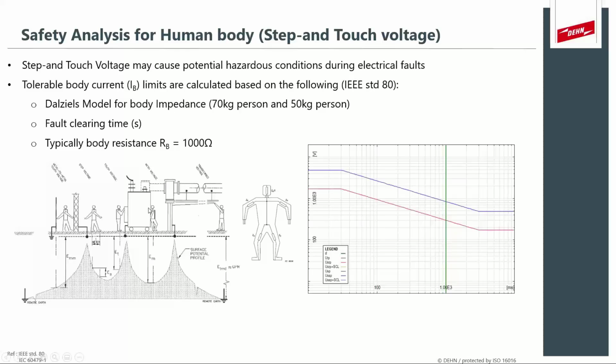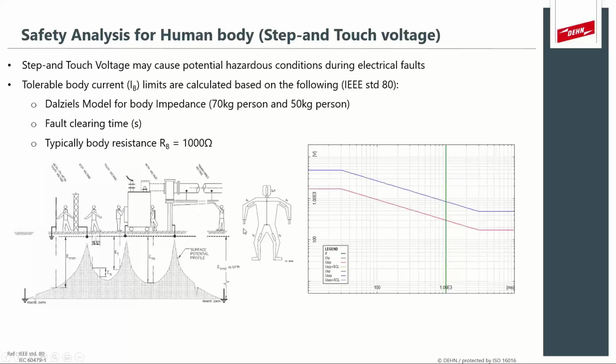The same is true if someone stands and touches an energized part, which is bonded to the electrical earth, and there's a fault, and this metallic part gets energized, and it also enters the ground. If a person stands on a specific point on that voltage curve and touches the metallic part, which is on a different potential, that will cause current to flow from the hand to the feet.